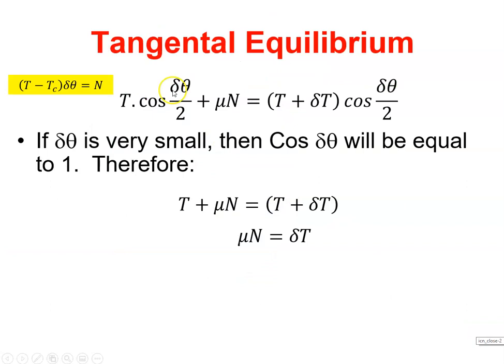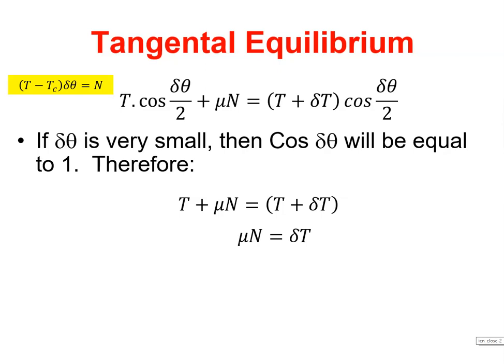But there's the equation here. If this is a really small angle, the cosine of a really small angle is 1. And similarly over here. So this just becomes T plus mu n. So T plus mu n is equal to T plus dT. And the two T's cancel out either side. So I have an expression for the friction there. Mu n is equal to dT.